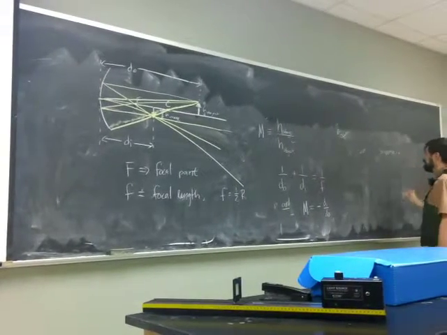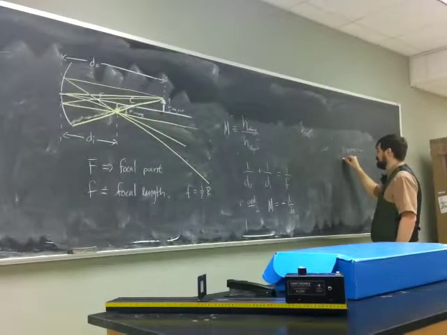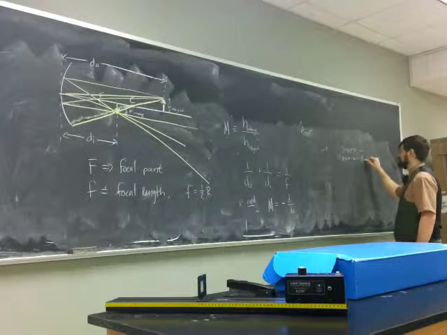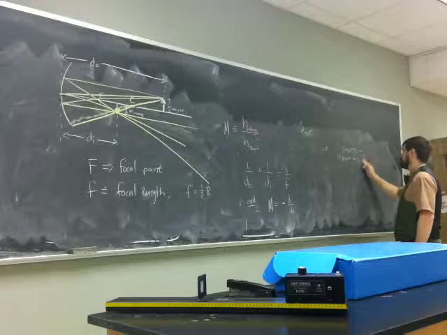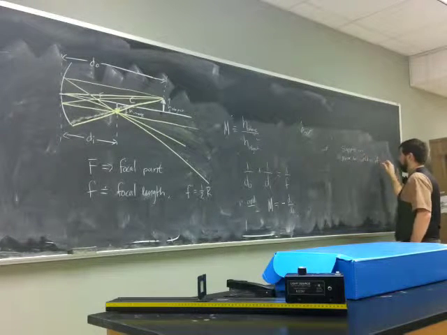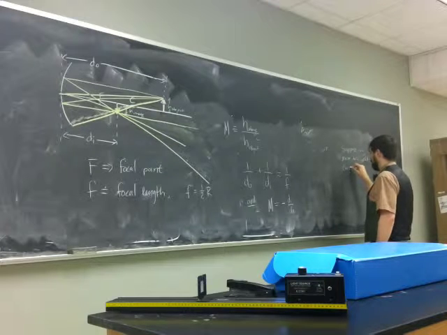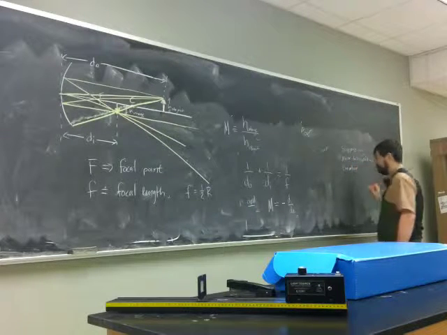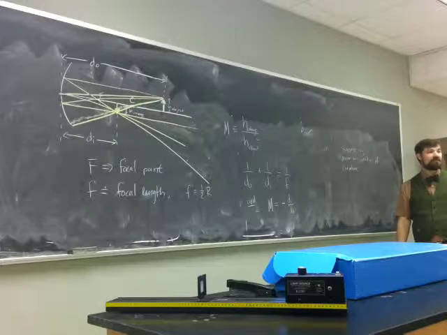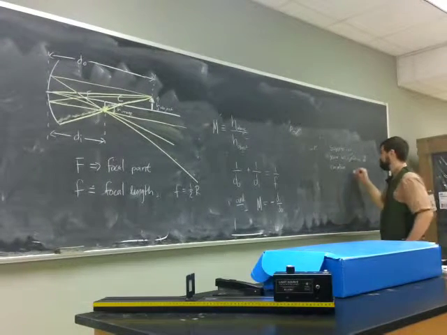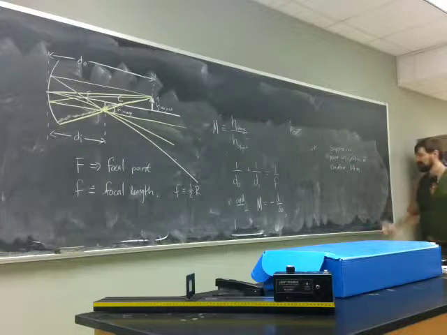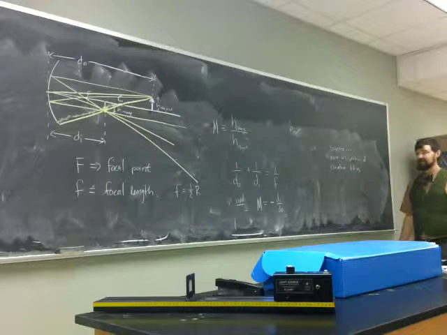Suppose your mirror has a radius of curvature, let's make it a nice easy number, let's make it 1 meter.